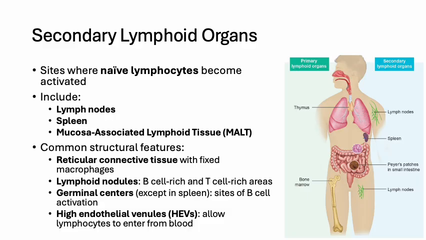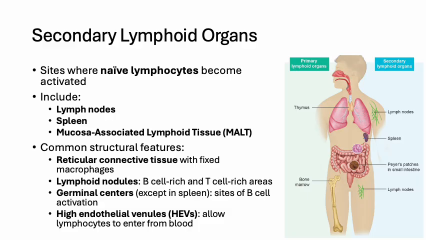Despite differences in location and specific immune roles, these secondary organs share several key structural features. First, they are built on a framework of reticular connective tissue, which provides scaffolding for immune cells. Embedded in this framework are fixed macrophages that help capture and destroy pathogens. These organs also contain lymphoid nodules, which are clusters of immune cells with distinct B and T cell zones.